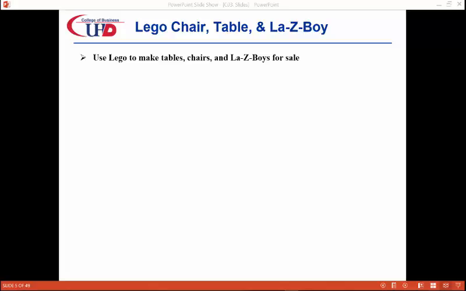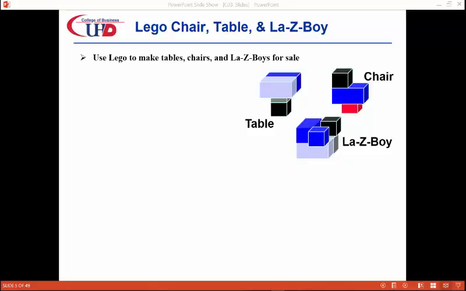Let's play a simple Lego game to see the typical problem setting for applying linear programming. We will use Lego to make three different furnitures: table, chair, and lazy boy. Here is the product design.